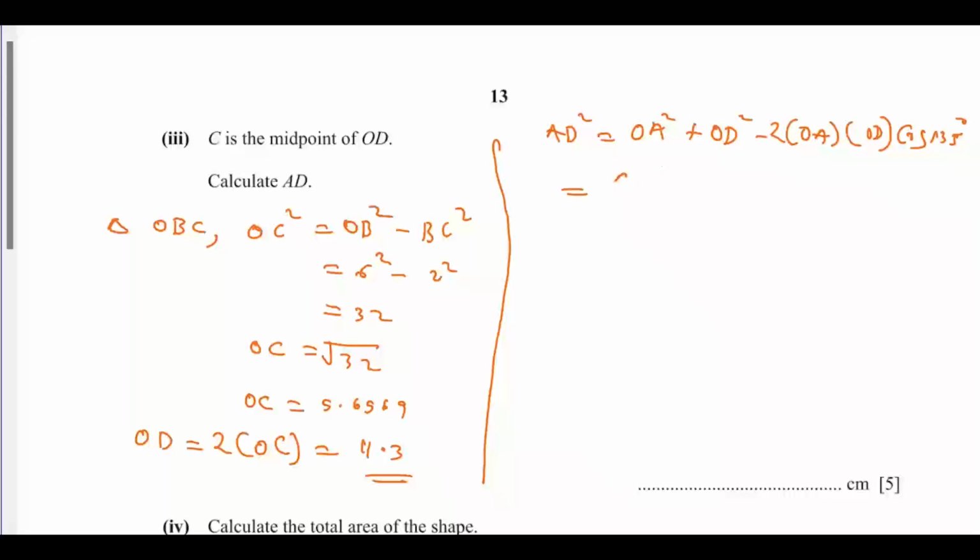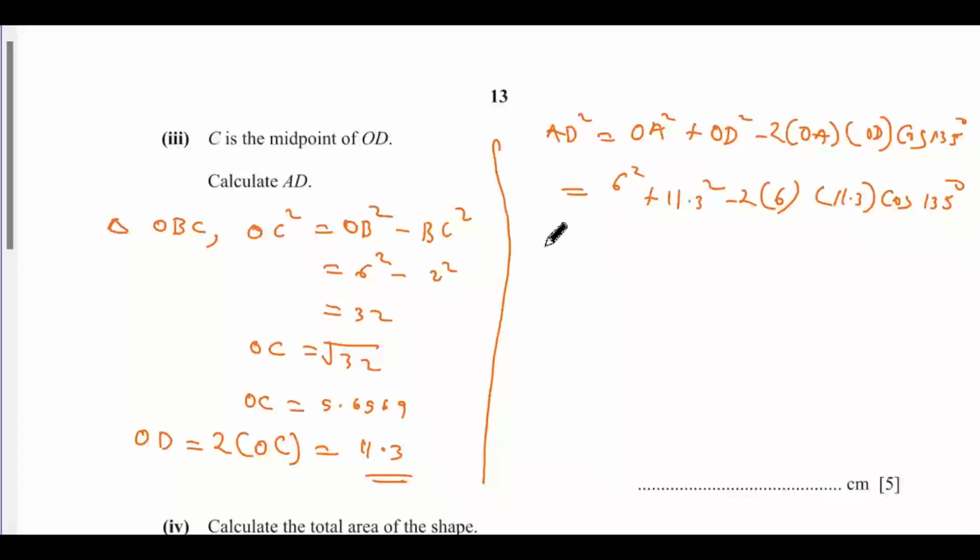So this will be 6 squared plus 11.3 squared minus 2 times 6 times 11.3, then cos 135 degrees. I think I'm somehow exhausted. My handwriting is becoming bad. Okay, now you can input this into your calculator.